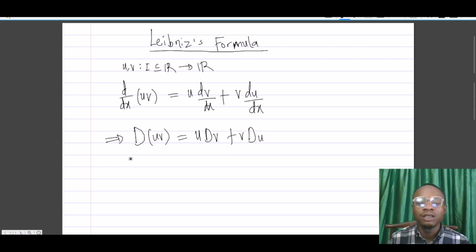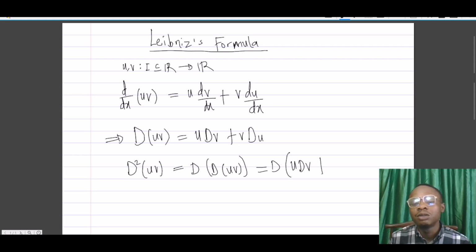And if we try to get the second derivative, so let's say we want to get D squared of uv. That is going to be D of the derivative of uv. So we have D of uv up here, so we'll then differentiate it. This will be the derivative of u Dv plus v Du.